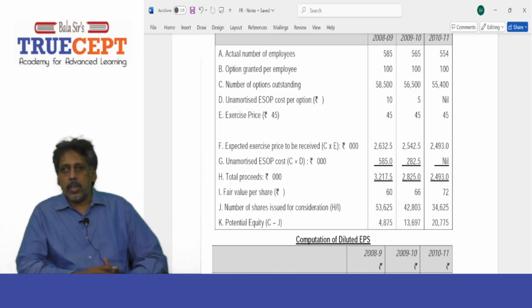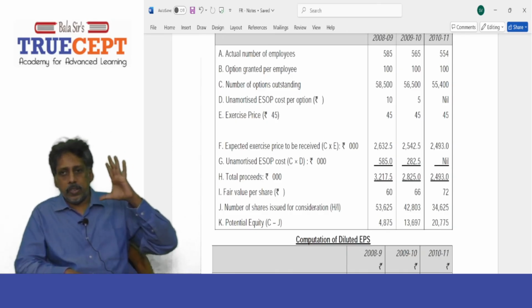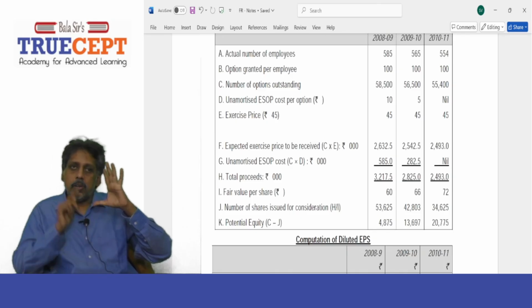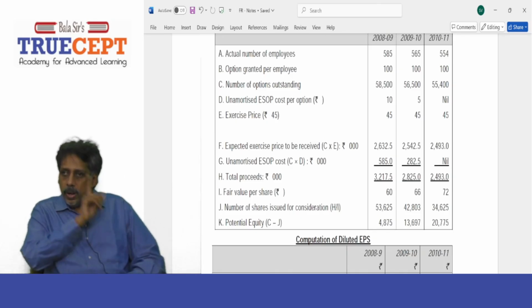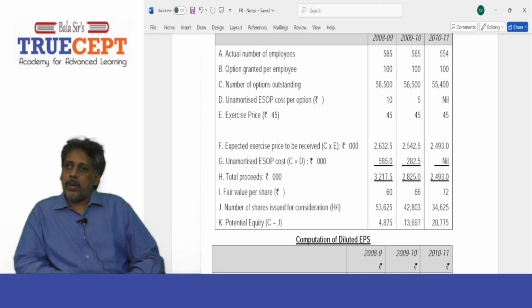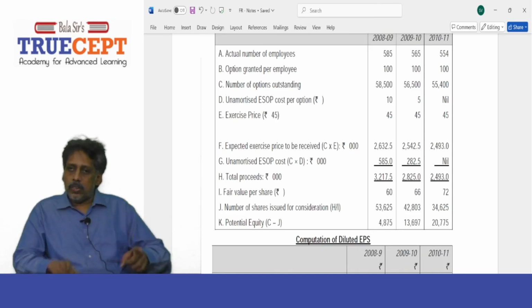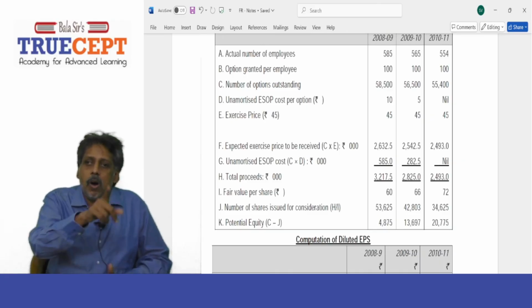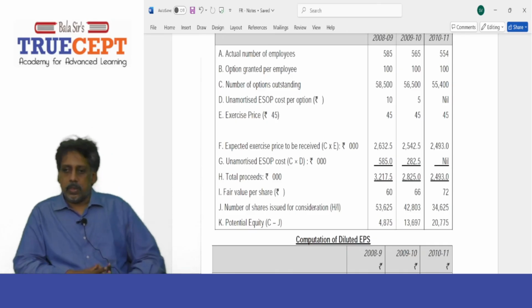Take a calculator: 56,500 shares outstanding, right? That into 16 divided by 66. You will get 13,697 directly. Understood? So those are shares issued for no consideration. That will cause dilution. Is that clear?